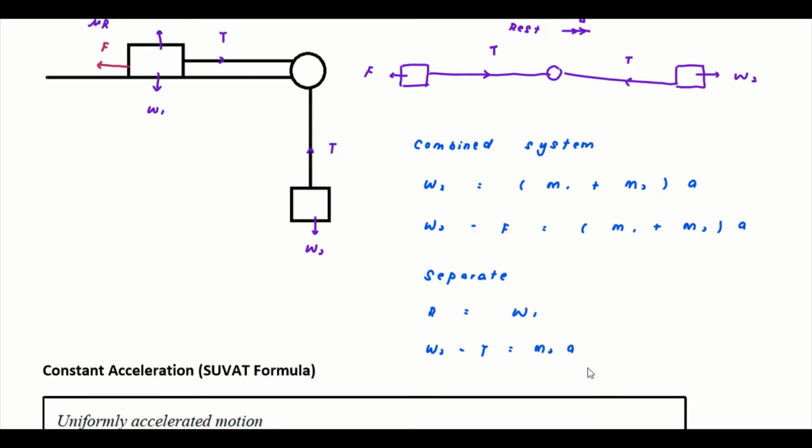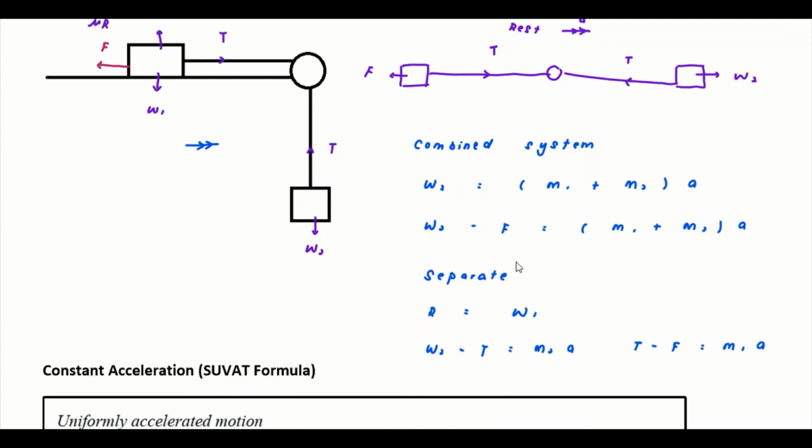The acceleration will be the same because the string is always taut, so how fast this particle moves is the same as how fast this particle moves, and the pulley is also smooth. Then for particle one, because the acceleration happens in this direction, the tension minus the friction equals mass 1 multiplied by acceleration.